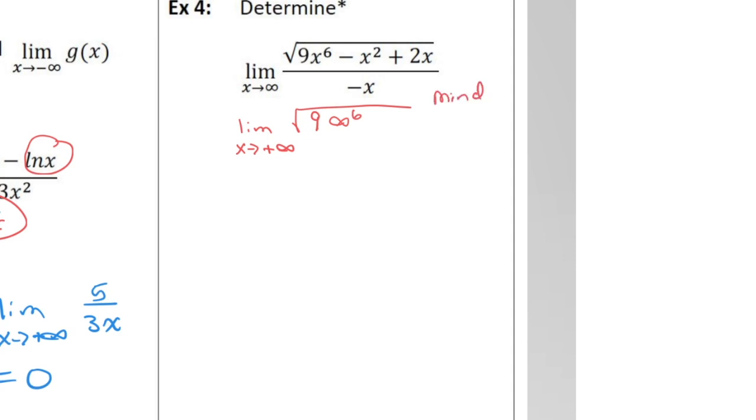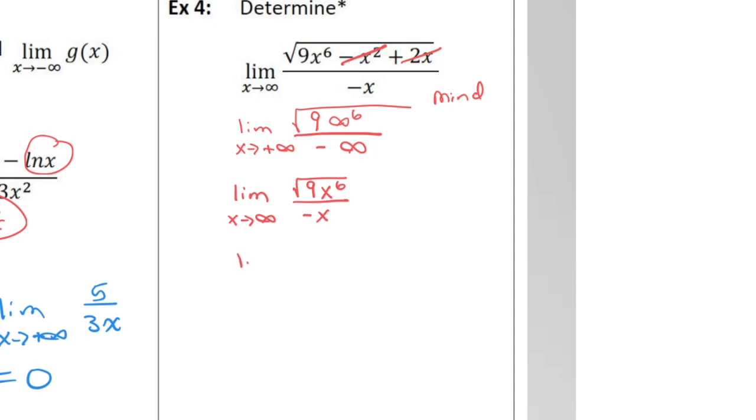So infinity to the 6th power is way more powerful than negative x squared or 2x. But in your denominator, you have a negative infinity. All right, so even though this is what my mind is doing, I should probably do some better algebra. So we get the limit as x goes to positive infinity. Dropping my lower order terms leaves me with the square root of 9x to the 6th power divided by negative x.